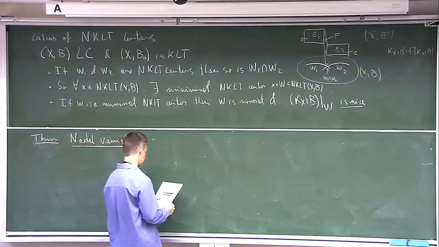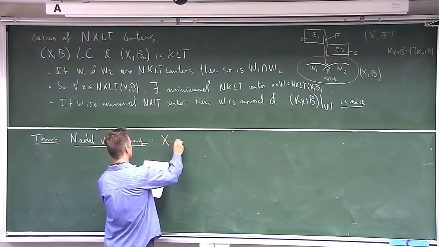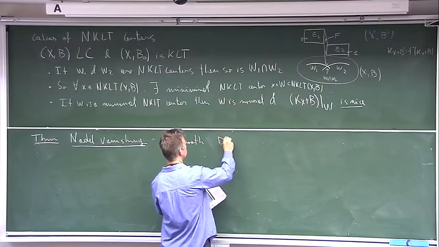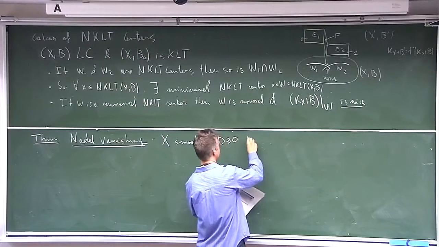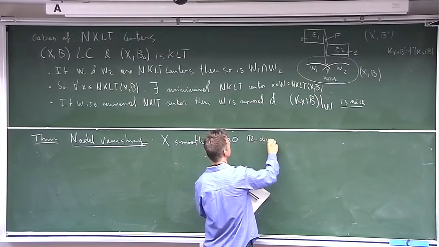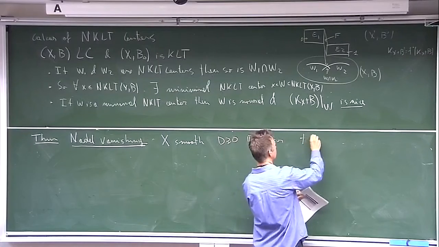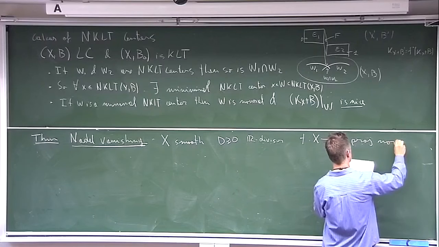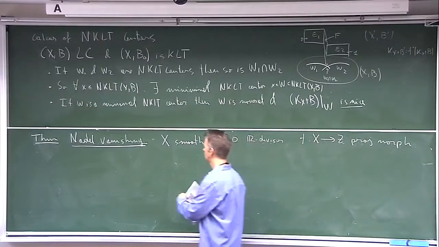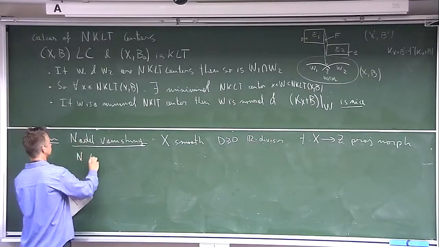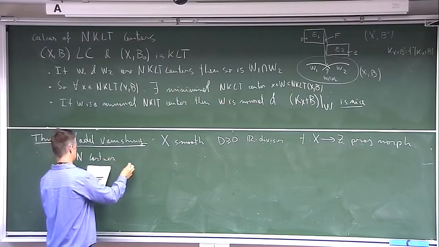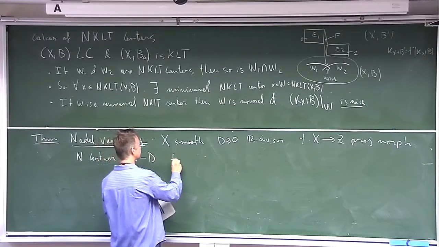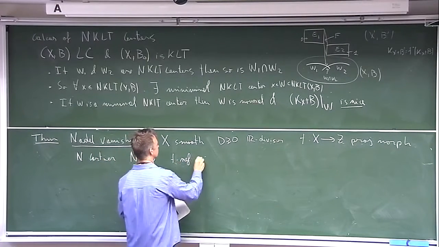So X is going to be smooth. D will be some effective R-Cartier divisor, R-divisor. F will be a projective morphism. N will be some Cartier divisor such that N minus D is F-nef and F-big.